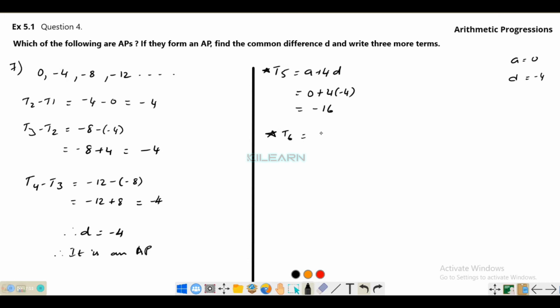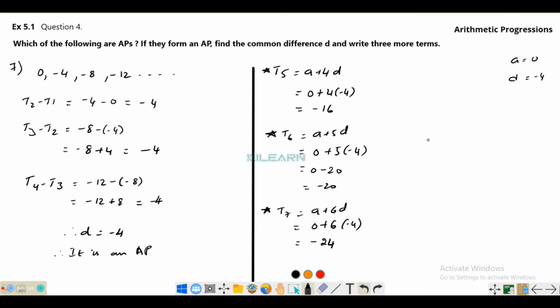Then T6 is equal to A plus 5D, 0 plus 5 into minus 4, 5 4s are 20, so we write minus 20. Then T7 is equal to A plus 6D, 0 plus 6 into minus 4, 6 4s are 24, so it is minus 24. The 3 terms are minus 16, minus 20 and minus 24.